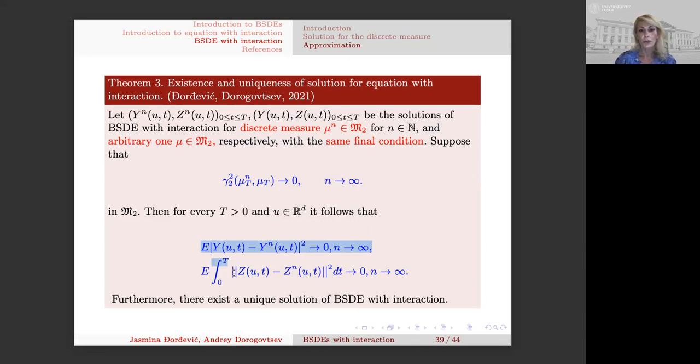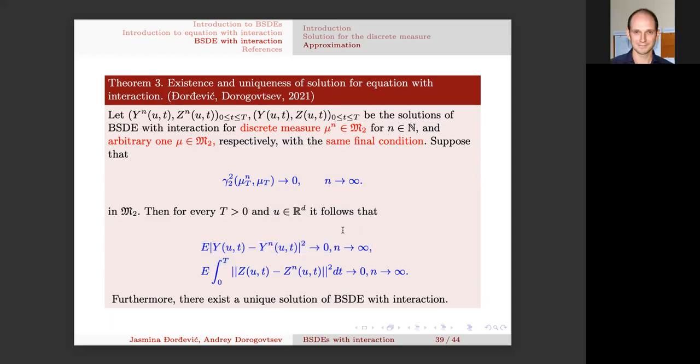As we saw from the previous lemma, Jasmina, could you please explain to us why mu t is the image of the final measure? Mu small t is an image of mu of capital T. Yes, correct.